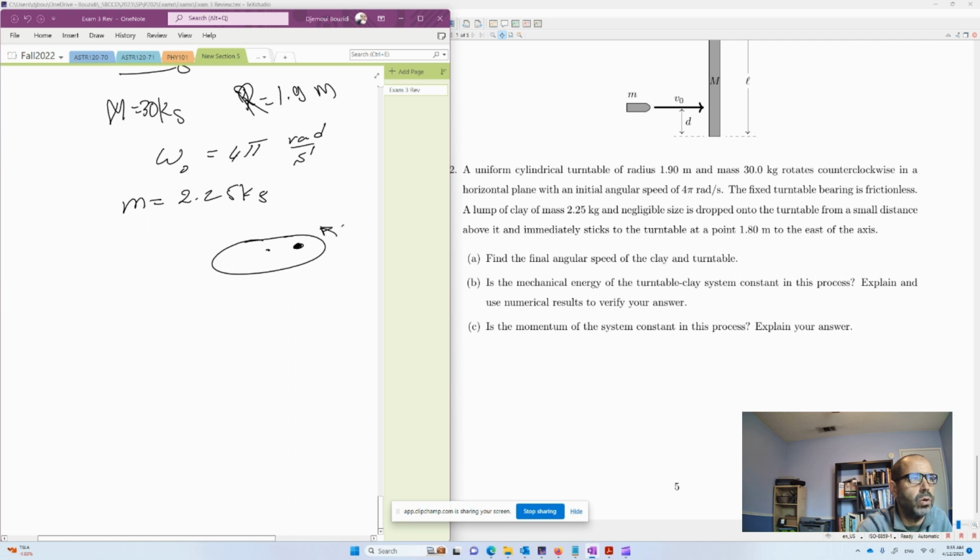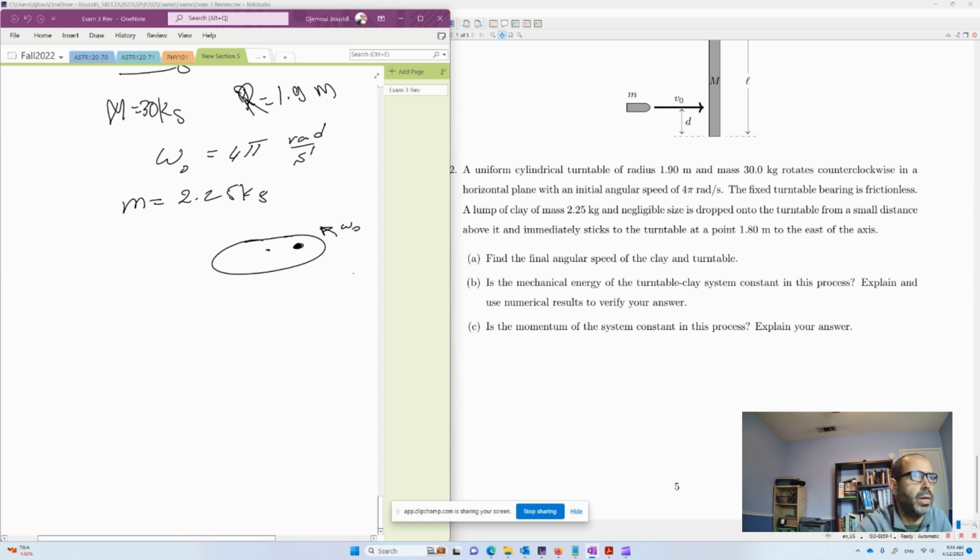The turntable is spinning counterclockwise with omega naught. The clay is dropped just above it so that you don't have any kick to it. You don't add to or subtract from its angular momentum. If you come at an angle, you might change its angular momentum.